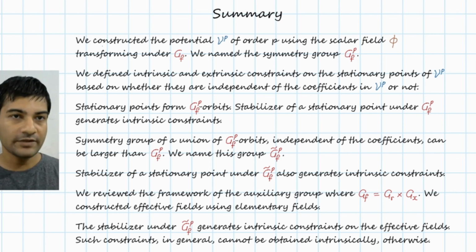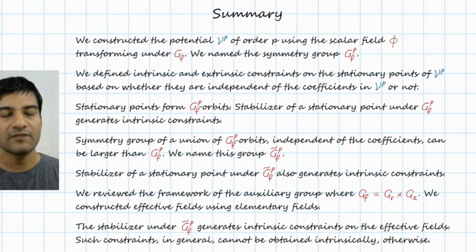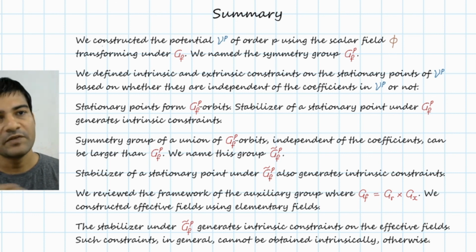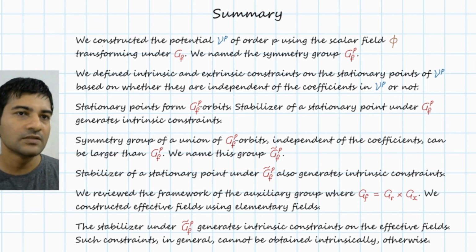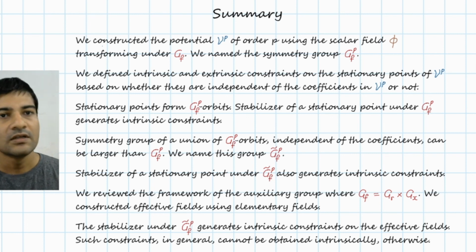I would also like to mention that even though I have concentrated on the application of these concepts to flavor physics, they are relevant in other areas of physics where we have scalar fields transforming under some discrete symmetries, such as in cosmology where we have scalar dark matter fields, inflaton fields, etc., and also in condensed matter physics.